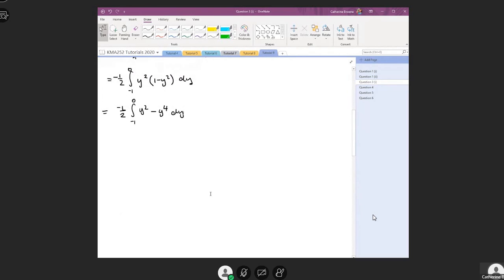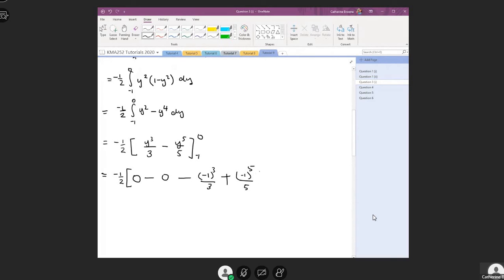And again, it's just integrating polynomials, so y to the 3 on 3 minus y to the 5 on 5, from minus 1 to 0. So we get 0 minus 0 minus, minus 1 cubed on 3 minus minus 1 to the 5 on 5.